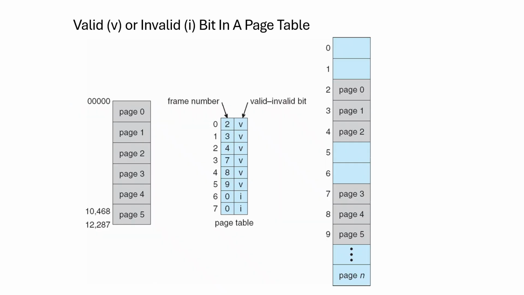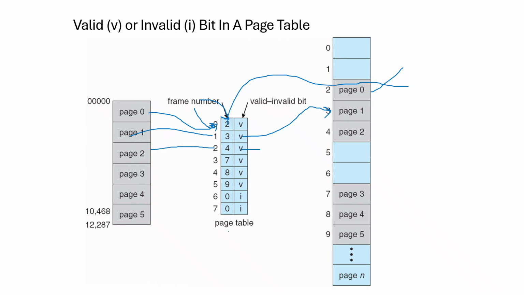Here is the valid or invalid bit in the page table. For each page number, the corresponding frame number is stored, along with whether it is valid or not. For example, page 0 is loaded in the second frame, so it is valid and currently being executed. Page 1 is in the third frame, and it is valid, currently being executed.